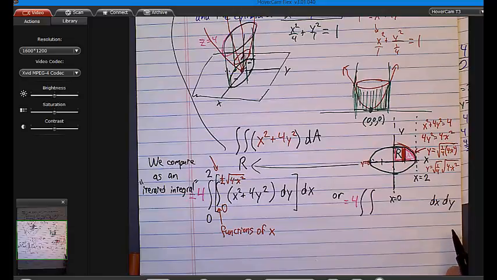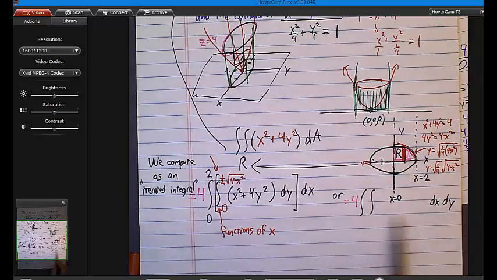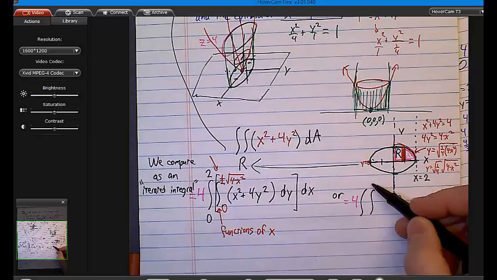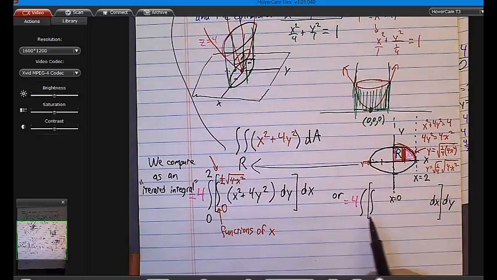So I will pause, and let you guys see if you could take the same exact region and set up what it would look like if you did it dx dy, okay? What would be the limits of integration? Start with the outside and then do the inside, okay? I'll pause for just a minute or two and let you do that.